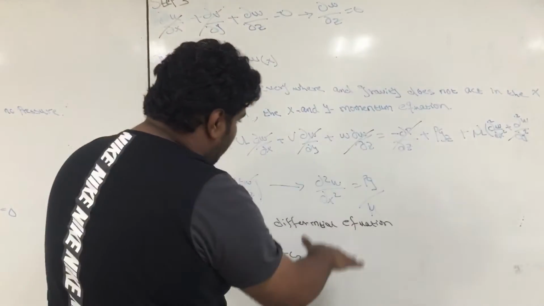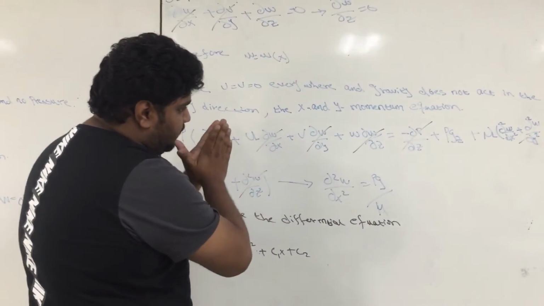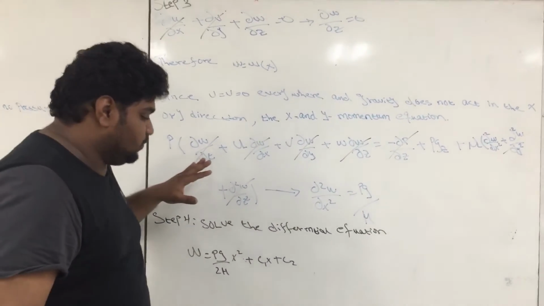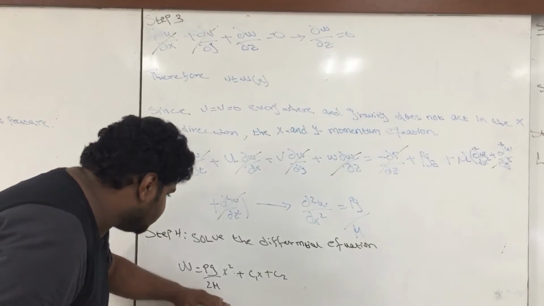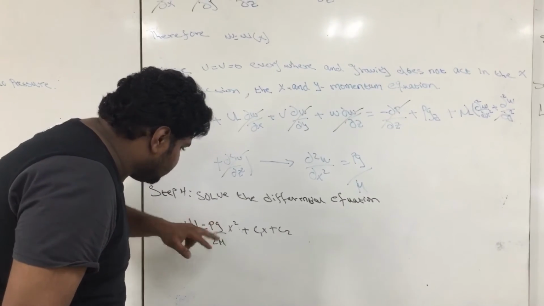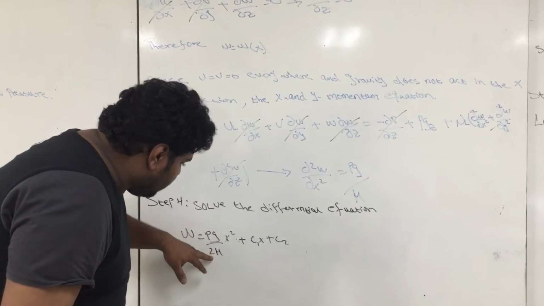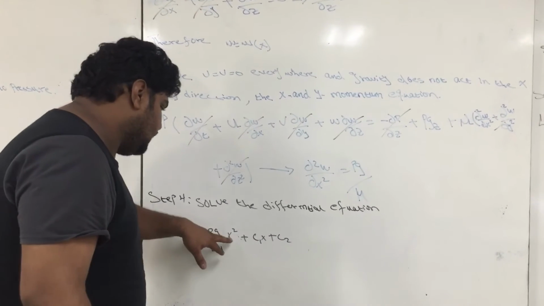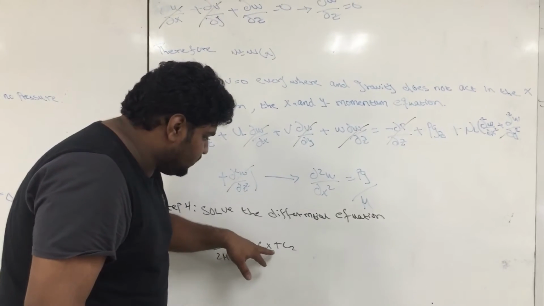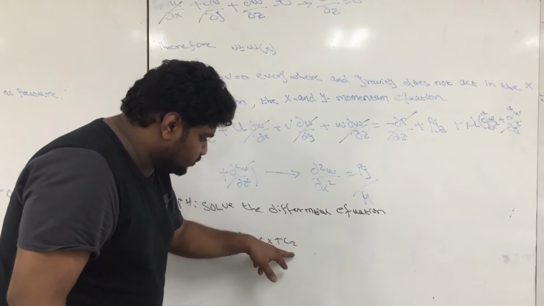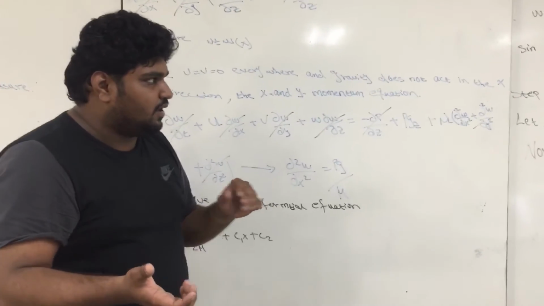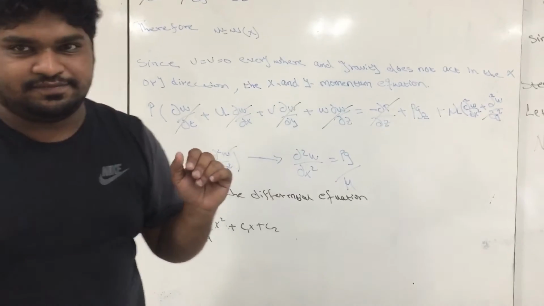After we differentiate and cancel all we don't need, we find this equation: w equals ρg over 2μ x squared plus C1 x plus C2. So here I'm going to pass the last steps to my friend Yahya.